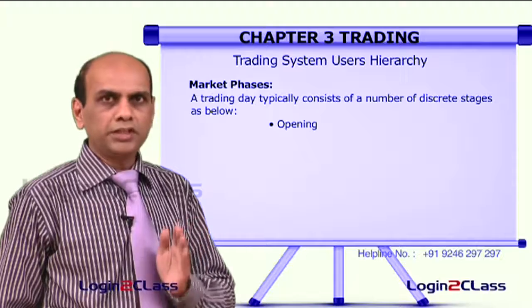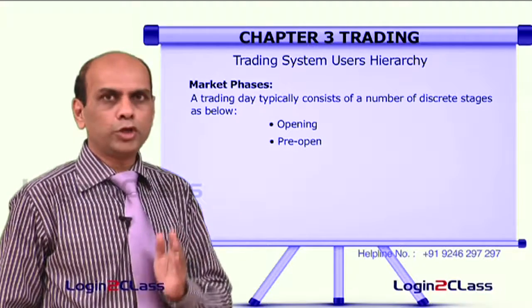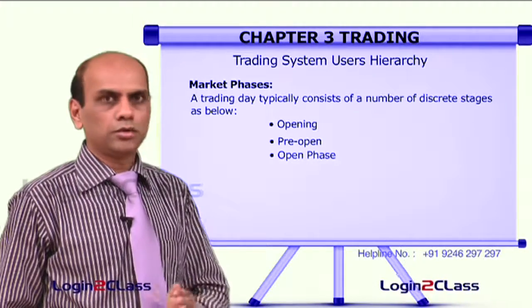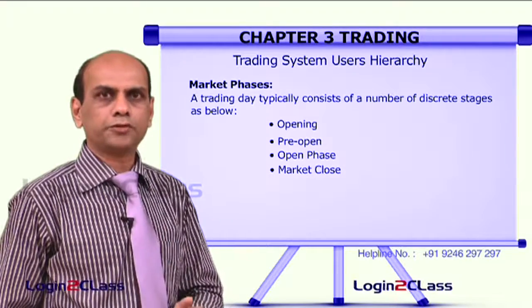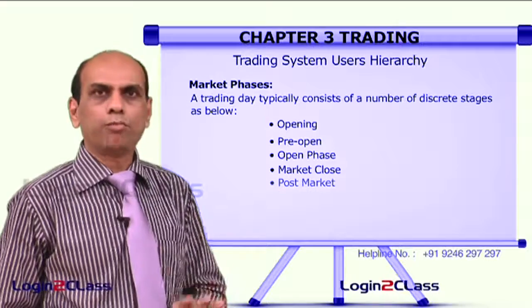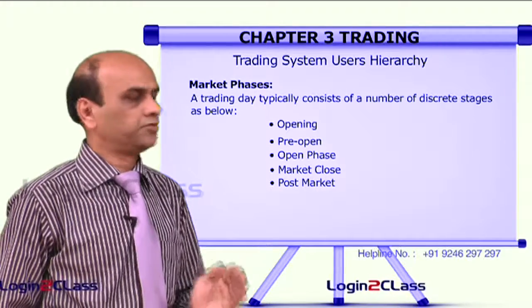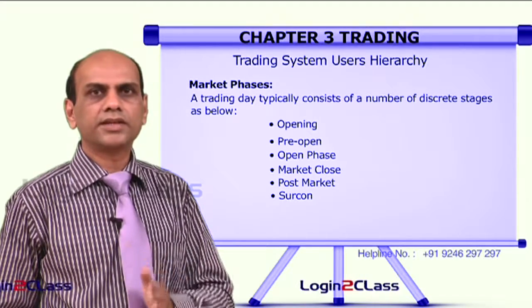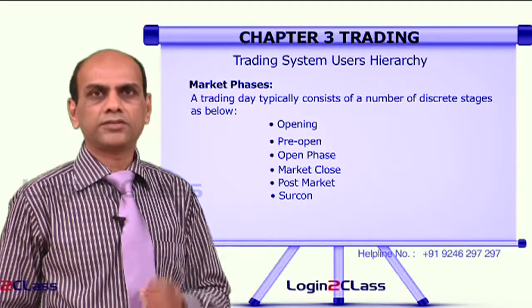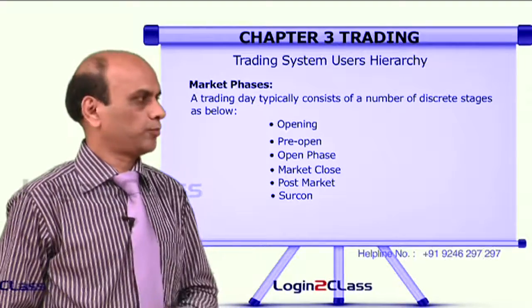One is opening, 2 pre-open, 3 open phase, 4 market close phase, 5th post market phase, 6th closing period. These are the 6 discrete stages in the market phase on a trading day.